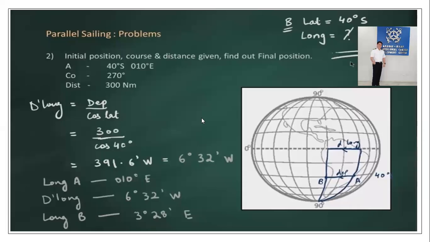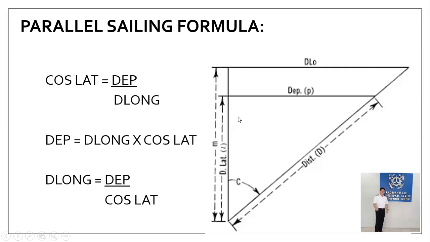Questions? Okay. With all this explanation, you just have to memorize one formula, this cosine and latitude, and derive whatever is required. With the two sailing formulas, plain sailing and parallel sailing, the first example was all about finding the course and then the distance, this triangle.